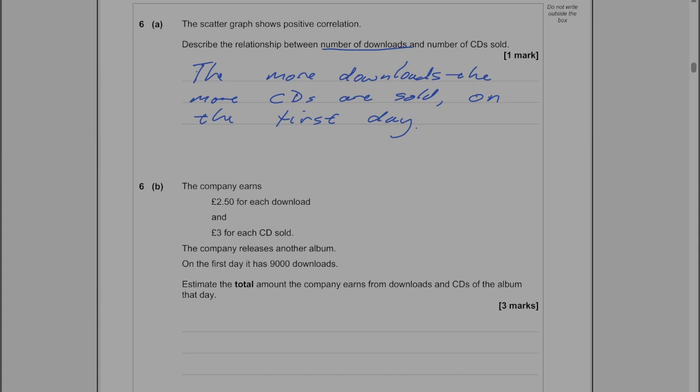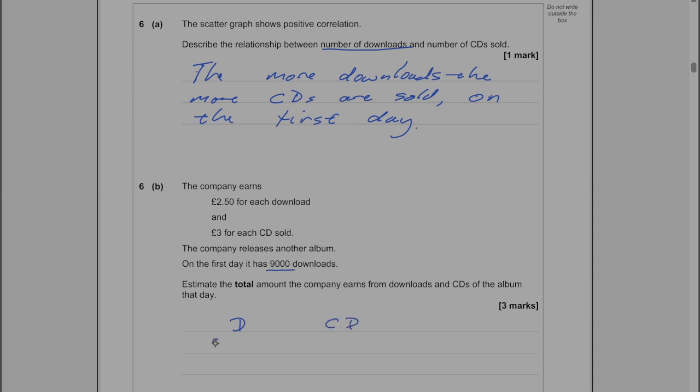Part B, the company earns £2.50 for each download and £3 for each CD sold. The company releases another album on the first day. It has 9,000 downloads. Estimate the total amount the company earns from downloads and CDs of the album. So I'm going to set it up as a kind of a ratio to start with. So downloads and CDs.